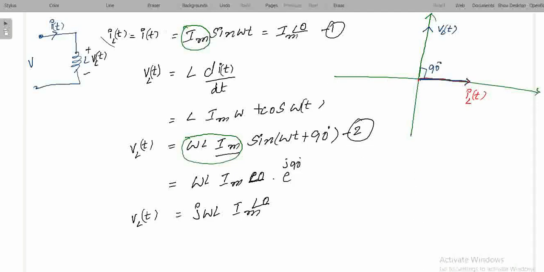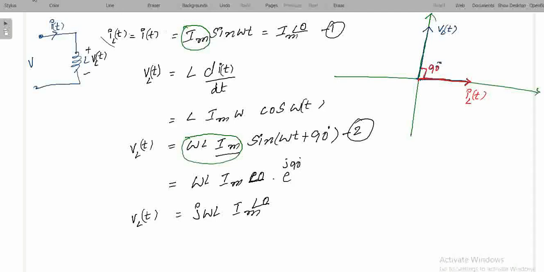Already I said that for an inductor, the inductor voltage always leads the inductor current by 90 degrees. So this shows the voltage across the inductor always leads the current flowing through the inductor by 90 degrees.